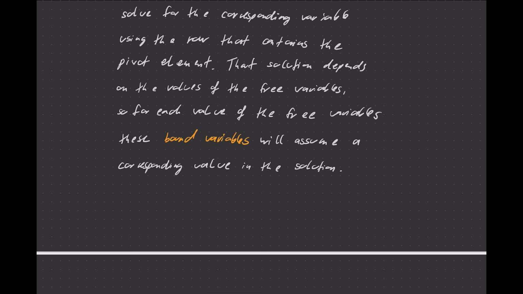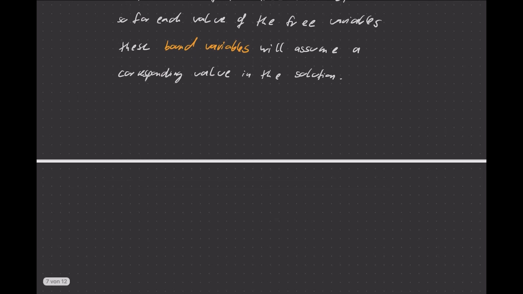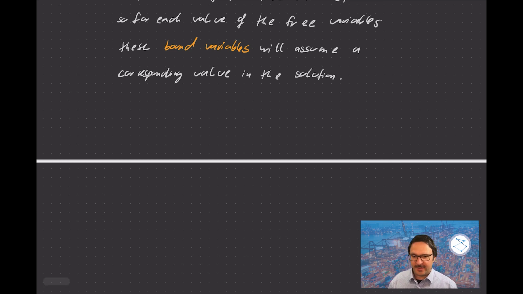Finally, one last remark. The number of free variables of a system of linear equations, how large is that number? Well, that depends on the number of pivots that we have. We have n variables, and each pivot corresponds to a bound variable. So n minus the number of pivots is the number of free variables.